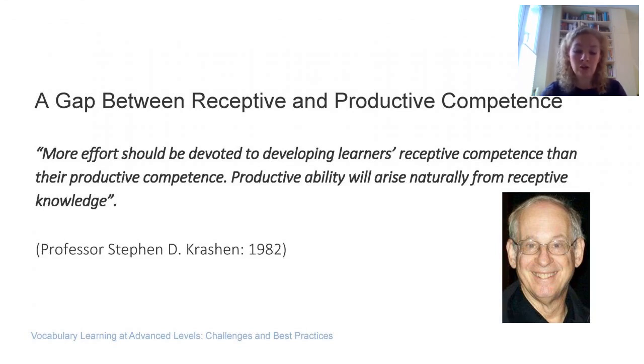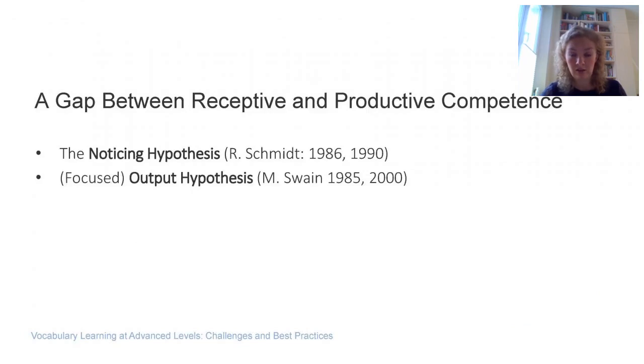The fact is that recent theories of second language acquisition no longer assume that productive skills will arise naturally from comprehensive skills, and that's why we need two more factors that are necessary to do so.